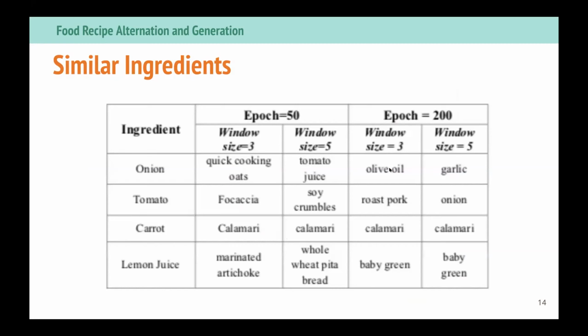The table shows the findings of alternative ingredients across all cuisine styles with different window sizes and training epochs. We could say, with different parameter settings when training, the final models do give various suggestions. To avoid the problem we just mentioned, that they show up together but are not similar, we could use a smaller window size setting, but meanwhile, a smaller window size may not perform as well as larger ones.